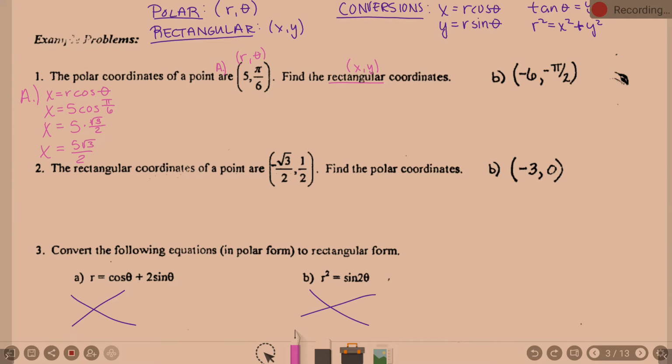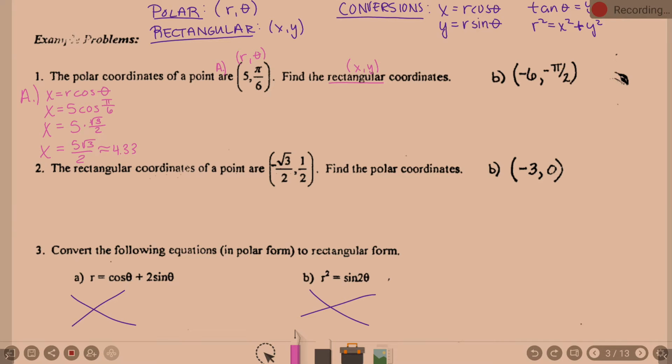There is. What is it? 4.3. What's 2 decimal places? 4.33. When I give my ordered pair in the final answer, I'm going to use 5 square root of 3 over 2. But when we do a mental check to make sure we landed in the right quadrant, that 4.33 is helpful. So now we have x.